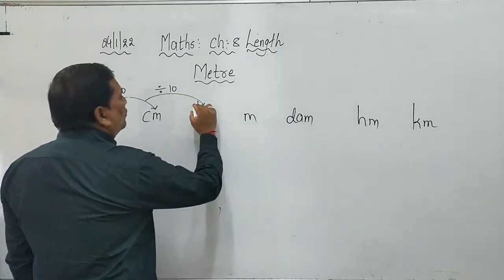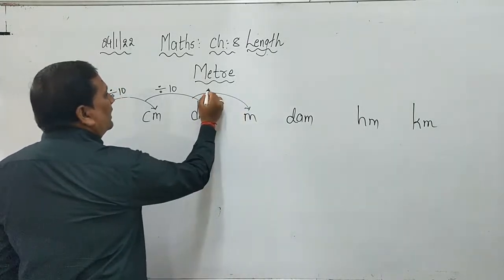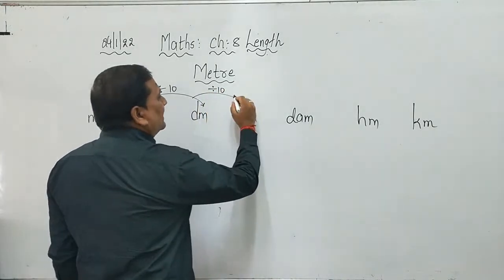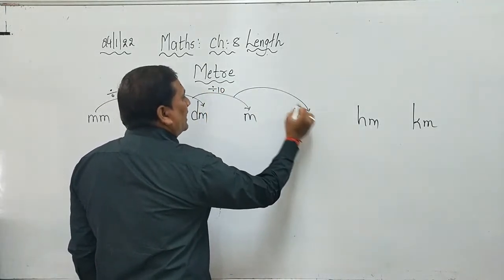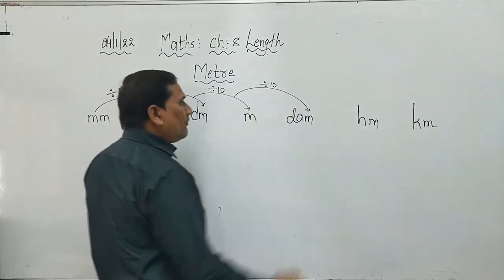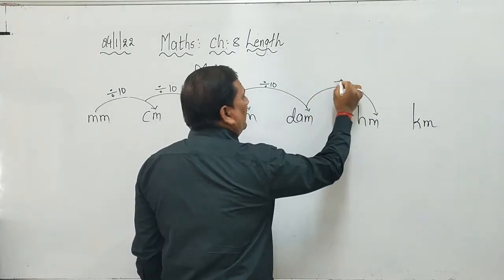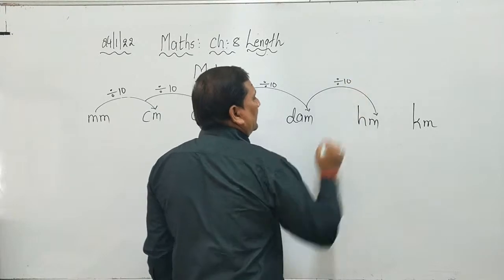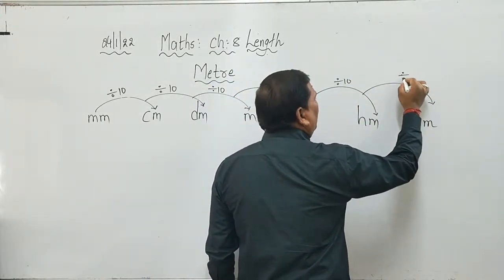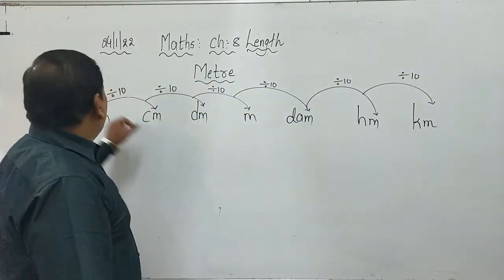Now suppose डेसीमीटर से मीटर्स में कन्वर्ट करना है, तो अगेन आई हैव टू डिवाइड बाय 10. मीटर से डेकामीटर में कन्वर्ट करना है, तो अगेन आई हैव टू डिवाइड बाय 10. डेकामीटर से हेक्टामीटर में कन्वर्ट करना है, तो अगेन डिवाइड बाय 10 and hectometer to kilometer, that means I have to divide by 10. क्लियर है स्टूडेंट्स?